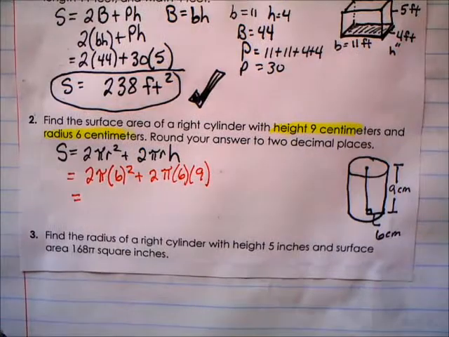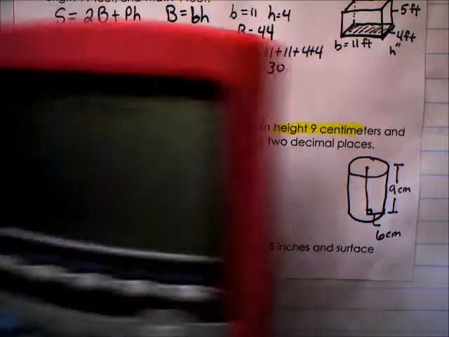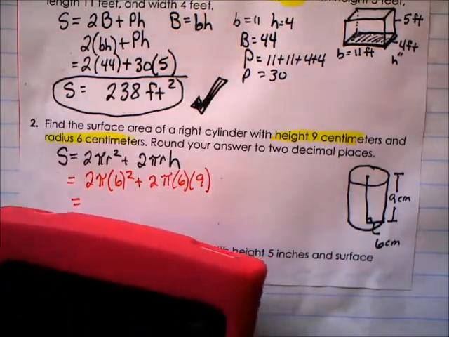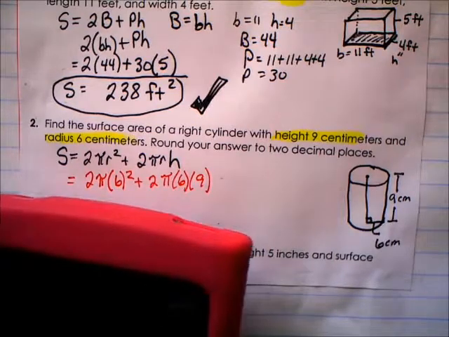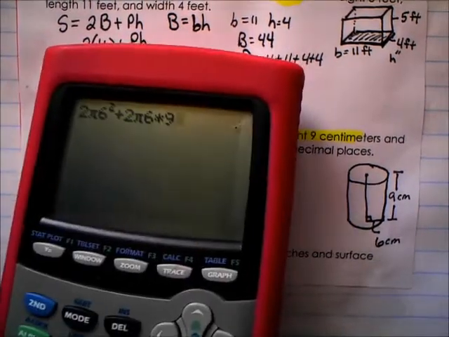I'm going to go straight to my calculator and type that in. Okay, putting it in, whoops, I got an E. Okay, there we go.